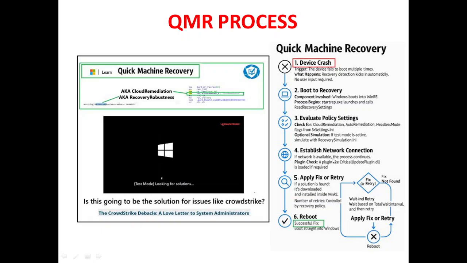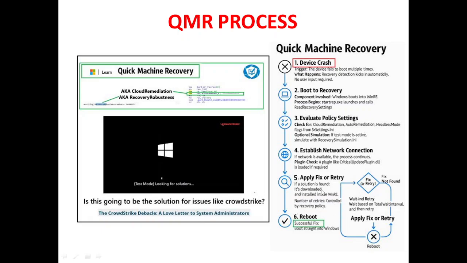So the network connection is established and it will check the Windows updates. It will scan the Windows Update, and the fifth step is that it will retry.